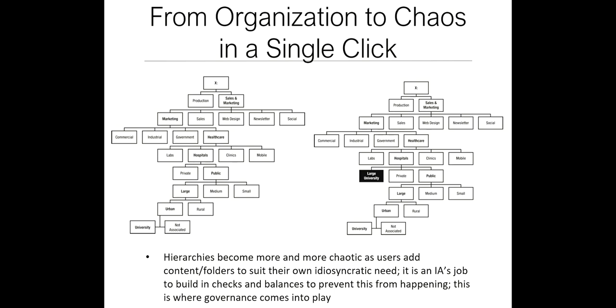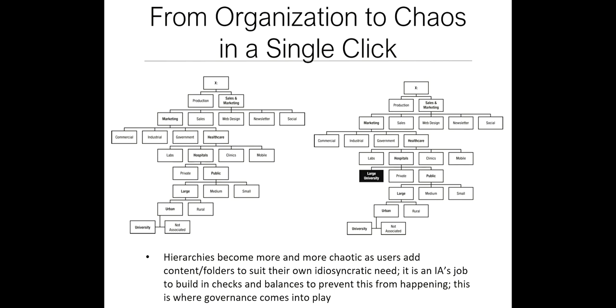If you are using a tool that allows you to build information within a corporate website, such as something like SharePoint, what often happens is that hierarchies become more and more chaotic as users add content or folders to suit their own idiosyncratic needs.